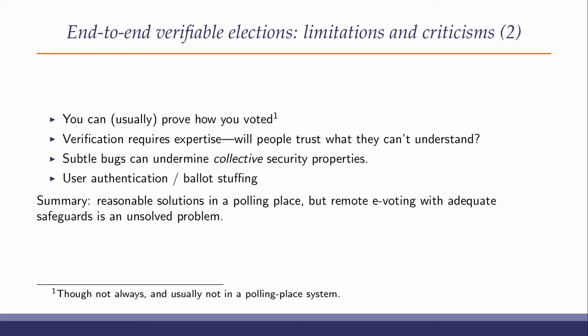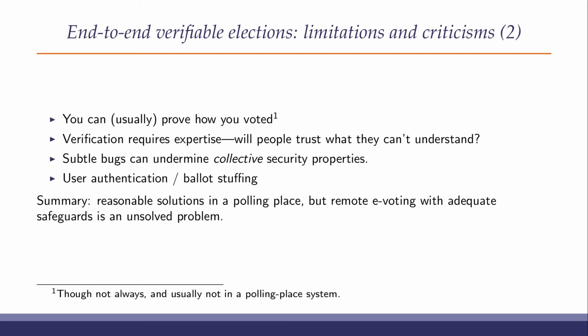Your verification, particularly of the long and complex process of shuffling and mixing and decryption and so forth, usually requires considerable expertise. There was a great deal of discussion, 10 years ago or so, about whether people would trust complicated math that they couldn't understand. Now, in fact, more recent experience suggests that the problem is exactly the opposite. It's not that people distrust complicated maths, it's that people trust any old rubbish that comes from the same screen that they get their fluffy cat videos from.